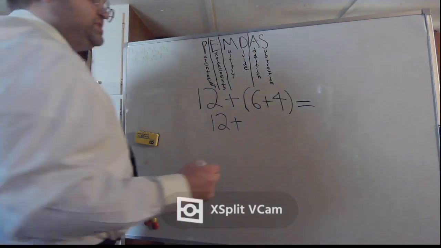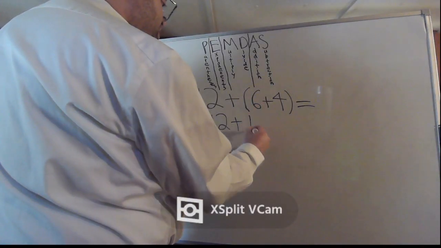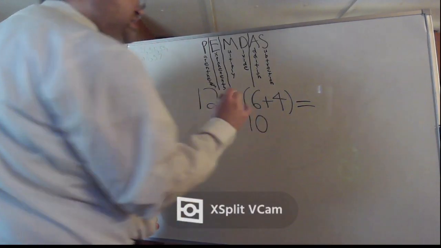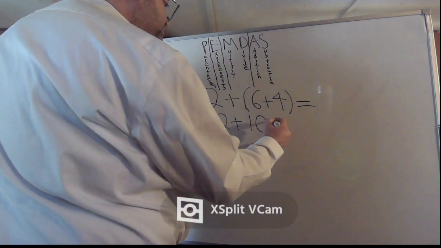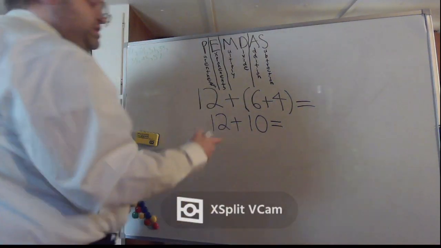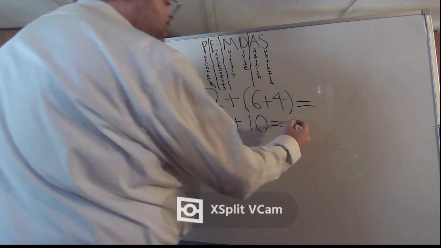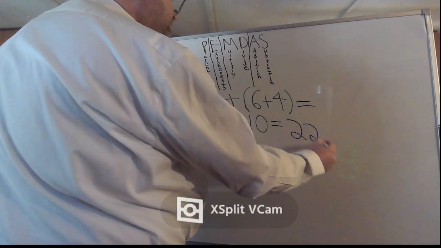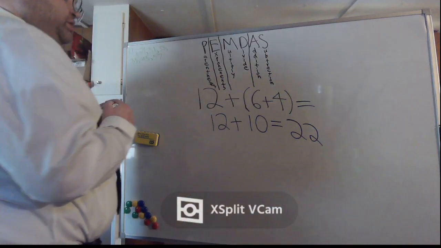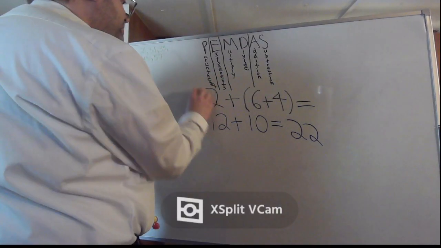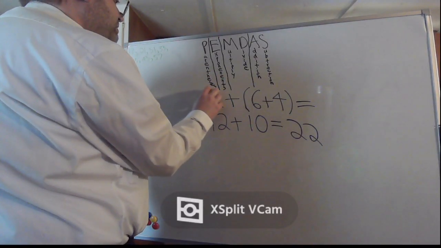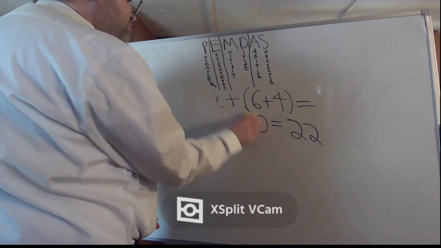Since that's in parentheses, 10. Once you solve what's in parentheses, you can remove the parentheses. So then we're left with what is 12 plus 10? That's going to be 22. So parentheses tell you what to do first. I'm going to keep PEMDAS up there for the entire length of this lesson because it's valuable.